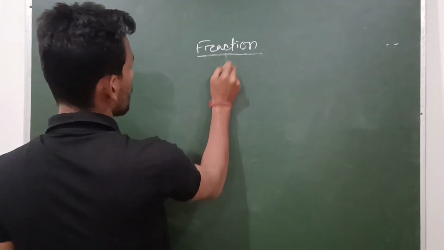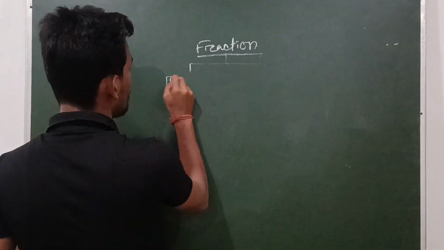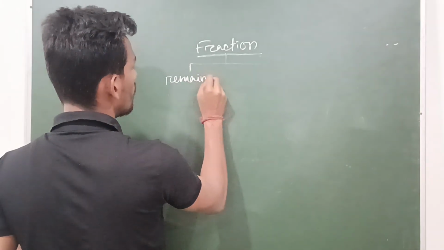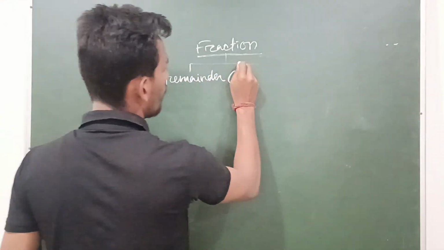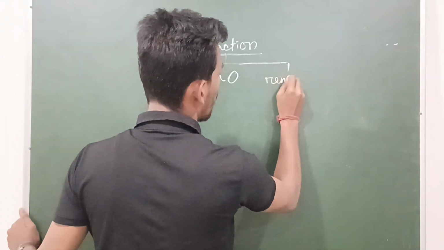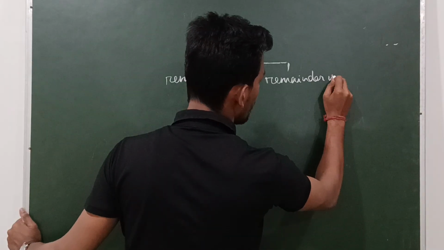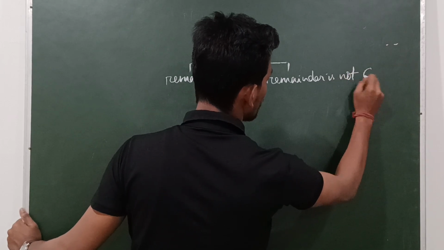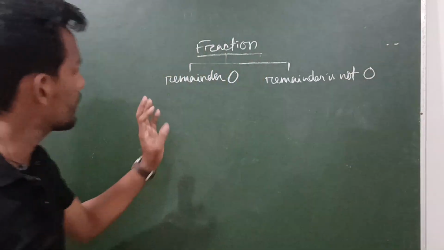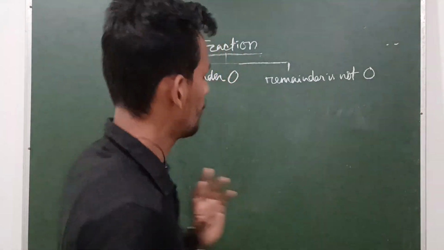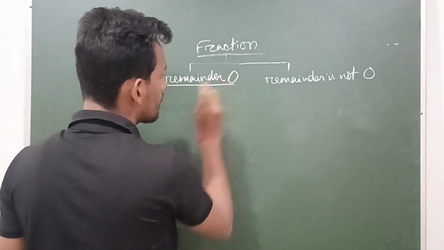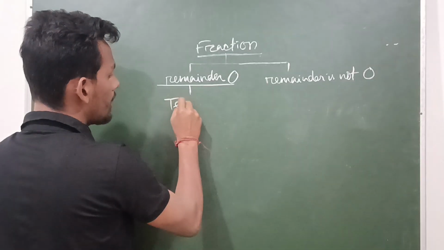One is remainder is 0. Another is remainder is not 0. Remainder 0, remainder not 0. When remainder is 0, it is called a terminating decimal.